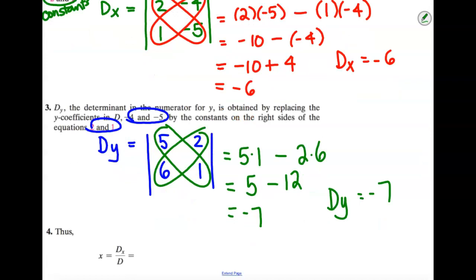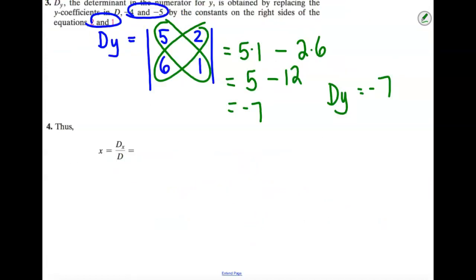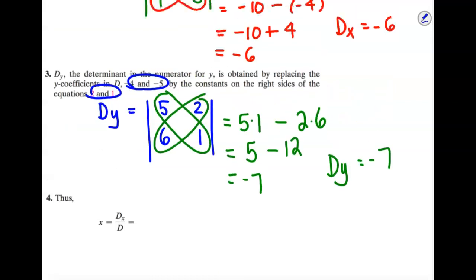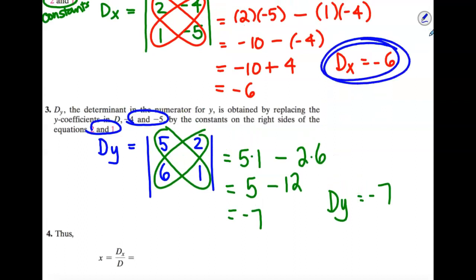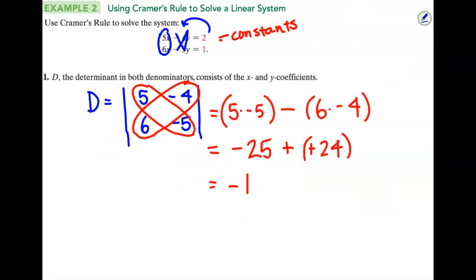All right, here we go. Now, to find our x value and y value, you take the determinant of x, which is up here, -6, divided by the value of the determinant in step 1, which is -1.